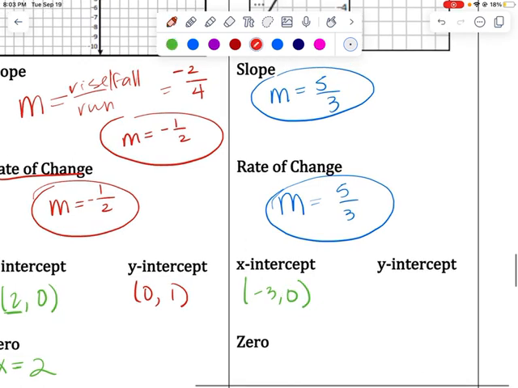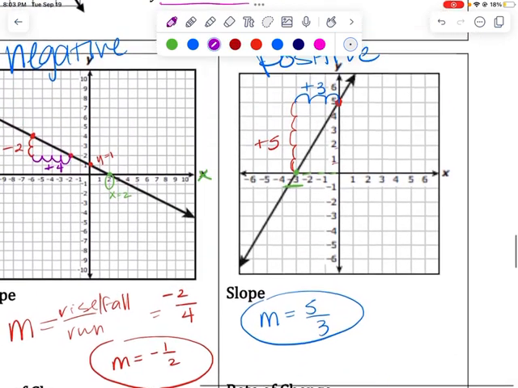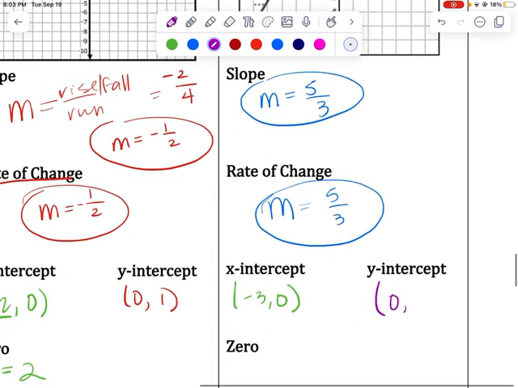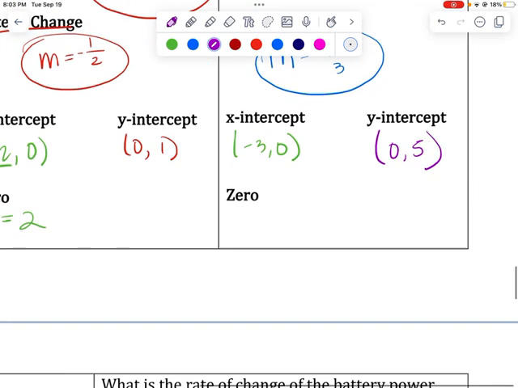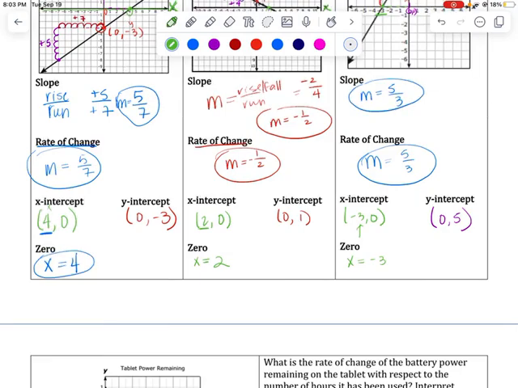And my y-intercept, right here crossing the y-axis, is at 0, because if I connect it to the x, this is also 0. So 0, 5. And my actual 0 right here, that's going to be x is equal to -3. Okay, perfect. We're all done with these guys.